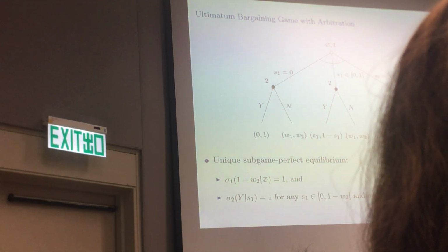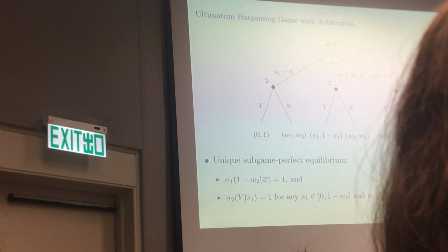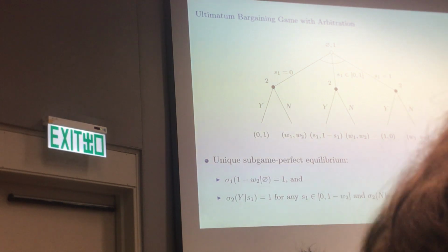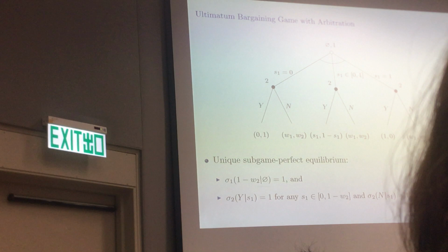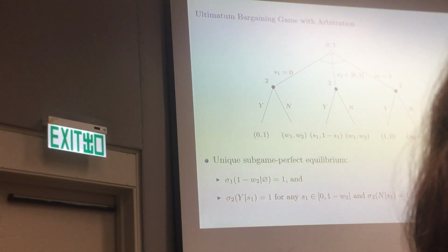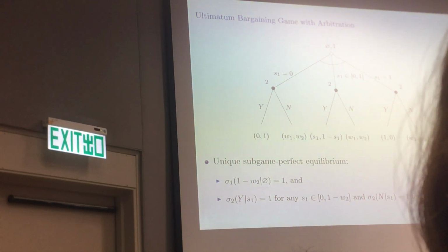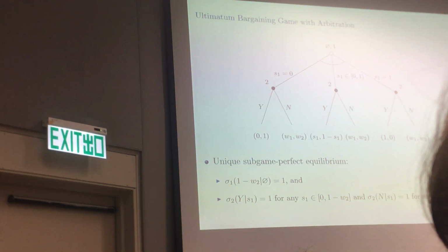The responder's payoff is equal to her outside option, and the proposer gets the residual of the pie. Here the outside option of player 2 is W2, so the responder will enjoy W2 of the K, and the proposer will enjoy 1 minus W2. Moreover, we show that that is the unique subgame perfect equilibrium for this game.